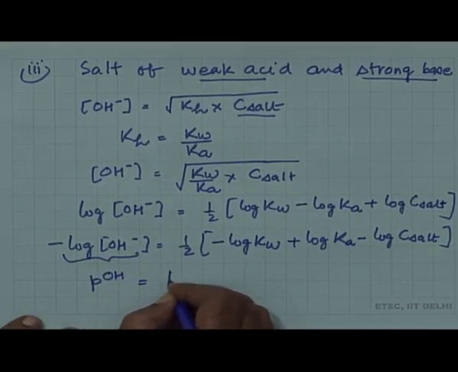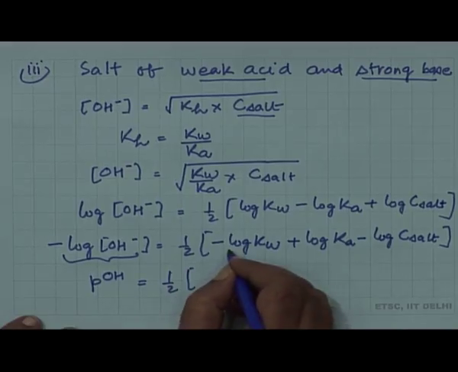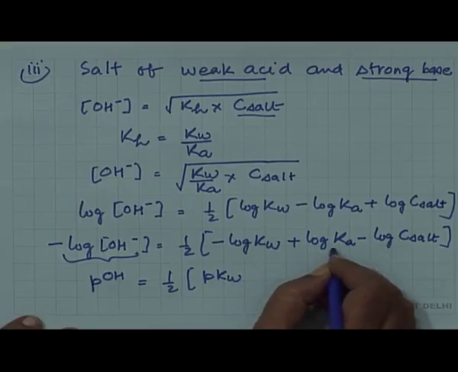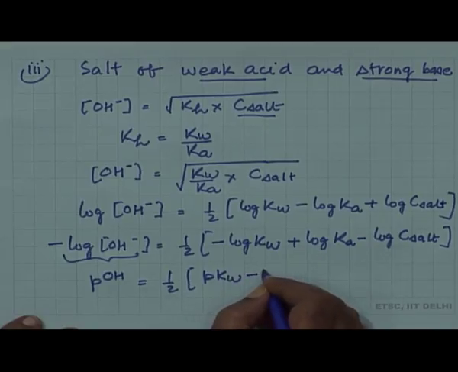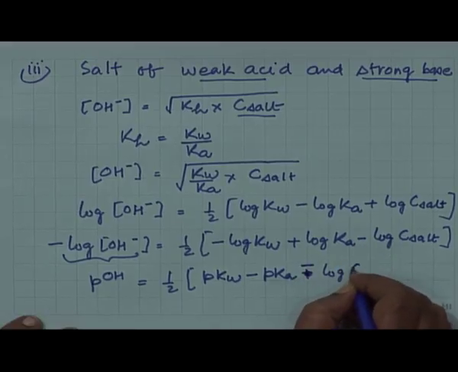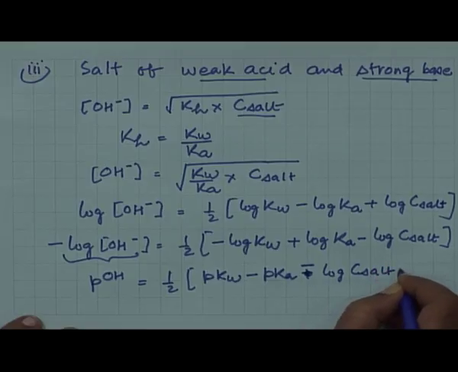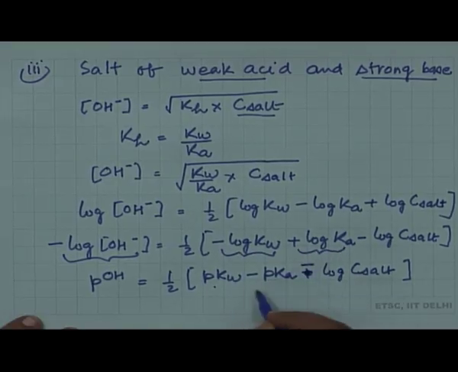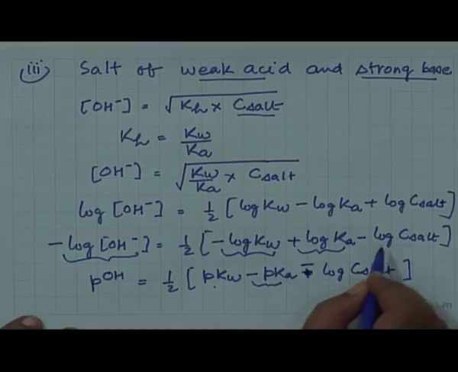So, pOH is equal to half: minus log Kw is pKw, plus log Ka is minus pKa, and we have minus log C salt.